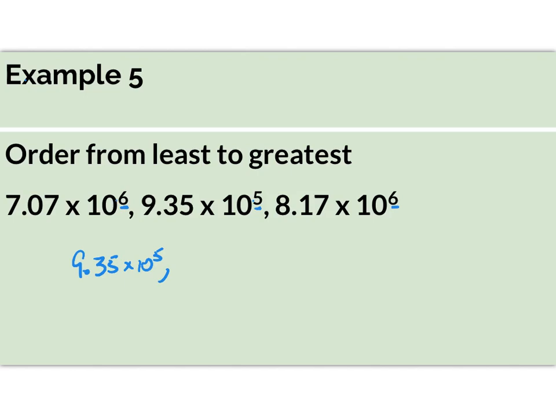Now the other two have the same exponent, so we're in the same place value. 8.17 is bigger than 7.07, so 7.07 times 10 to the 6 comes next. And then finally 8.17 times 10 to the 6 is the largest number that we have. And those are our examples. So I will meet you at the end of this video for the recap.